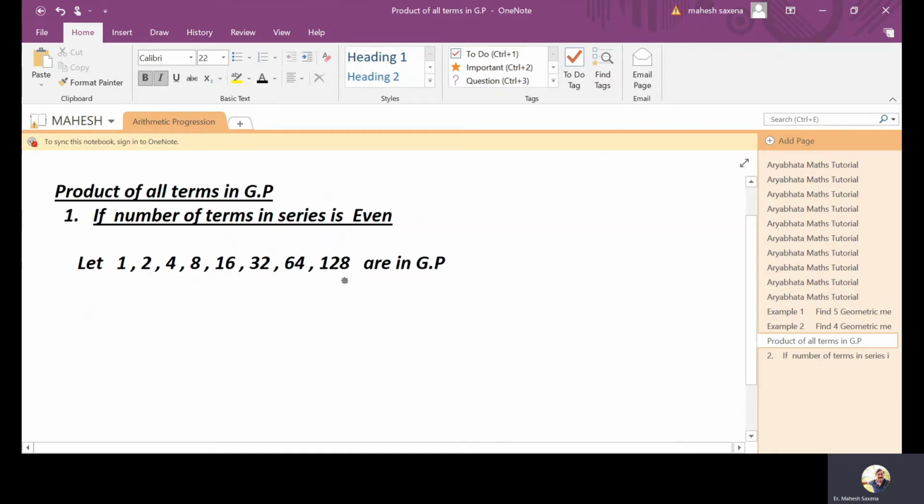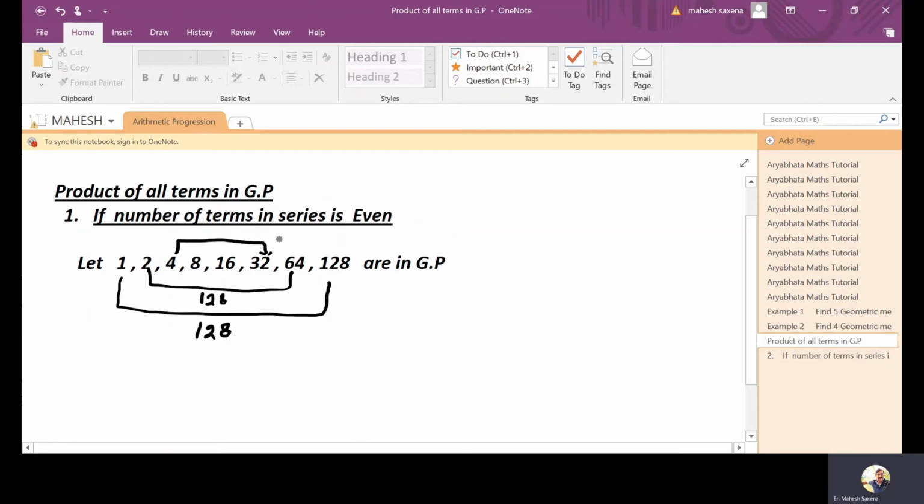These are the 8 terms which are in GP. It is very easy to check here that the product of the first term and the last term is 128. Similarly, the product of 2 into 64 is also 128. Similarly, the product of 4 into 32 is also 128. And the product of 8 into 16 is also 128.